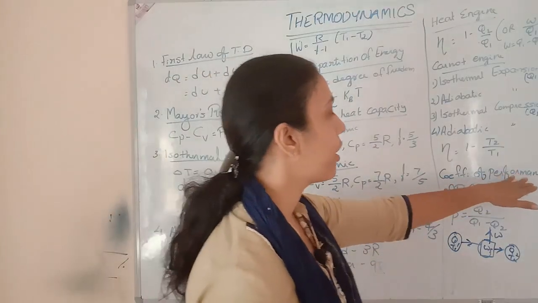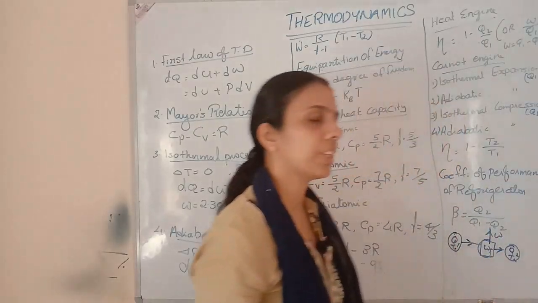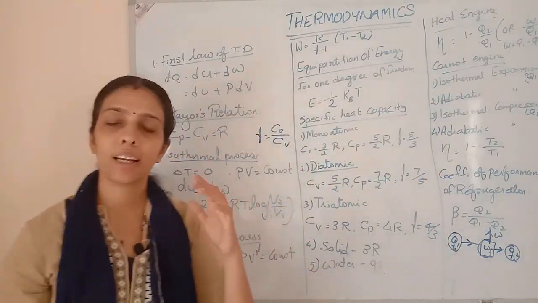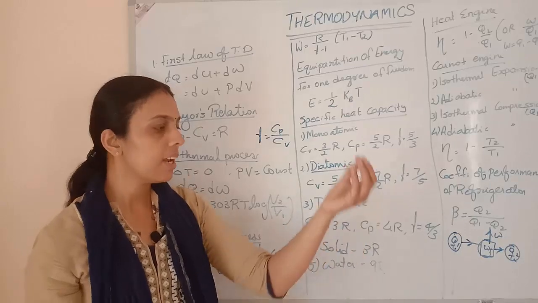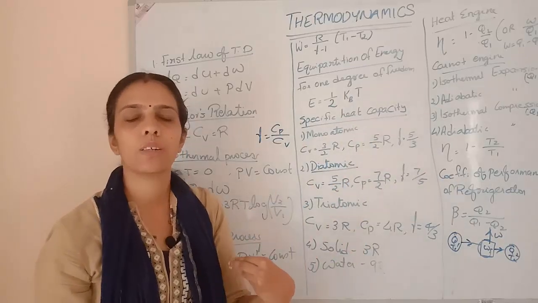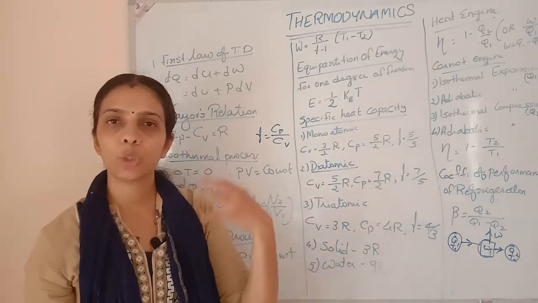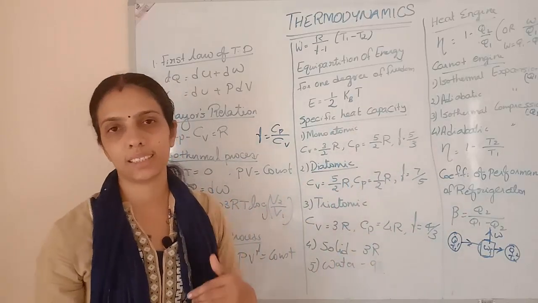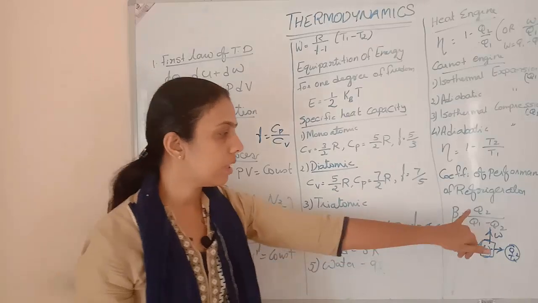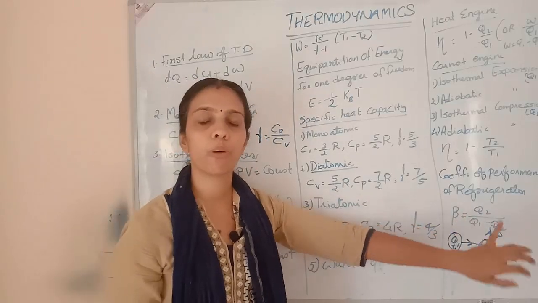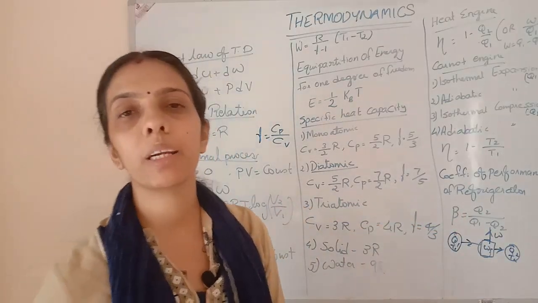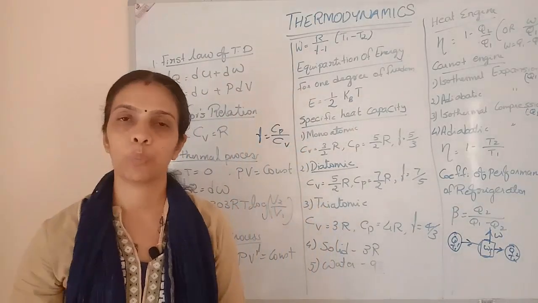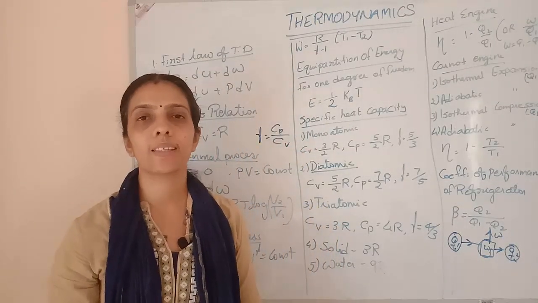Next is the coefficient of performance of a refrigerator, that is beta. In a refrigerator, heat is taken from the sink at a lower temperature to a higher temperature with the help of an external agency. So the coefficient of performance beta equals Q2 divided by Q1 minus Q2, that is Q2 by W, where W is the work done.